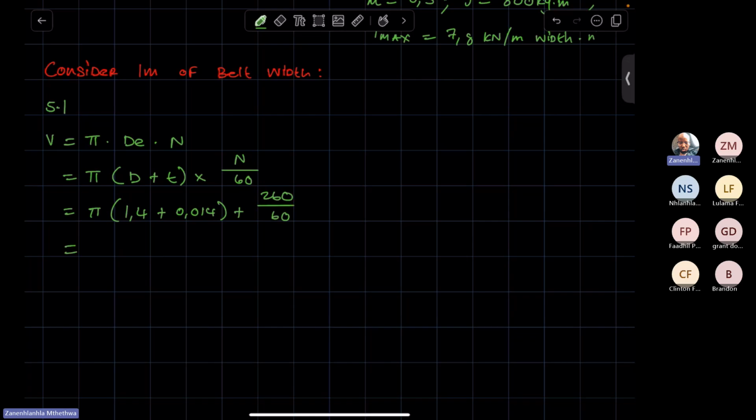And this here should give us the belt speed. So pi times (1,4 plus 0,014) times 260 over 60. I'm getting here 19,2495. So essentially this will be 19,250.